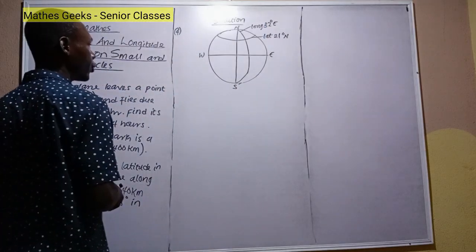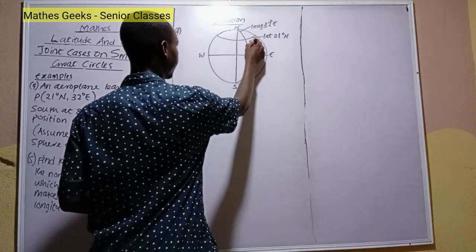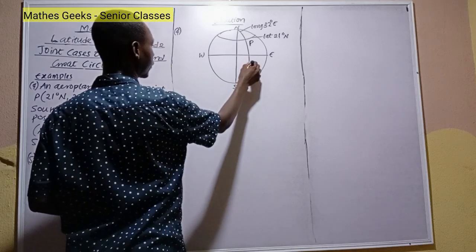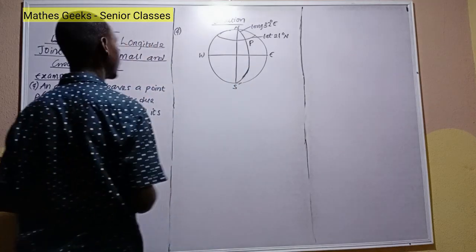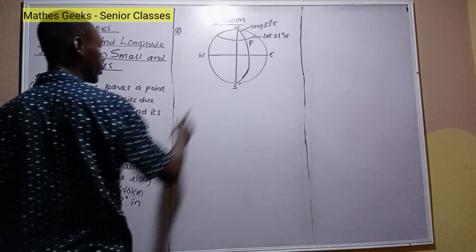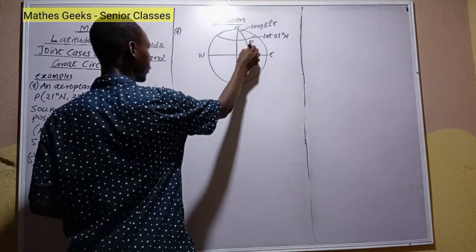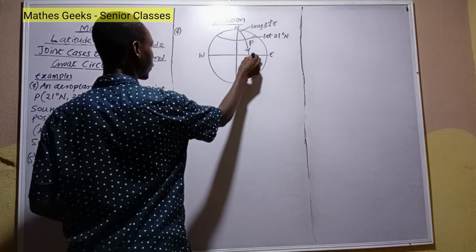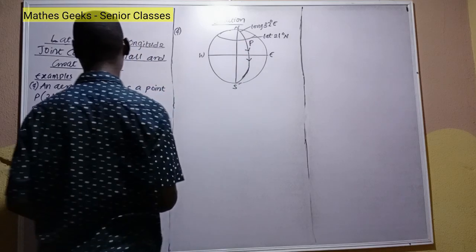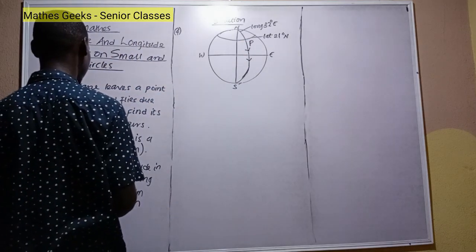And it flies due south. So this is point P, and it flies due south at 850 kilometers per hour.